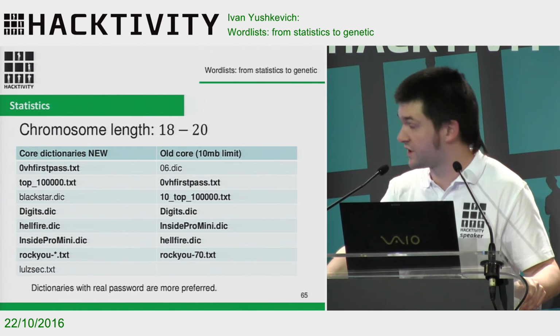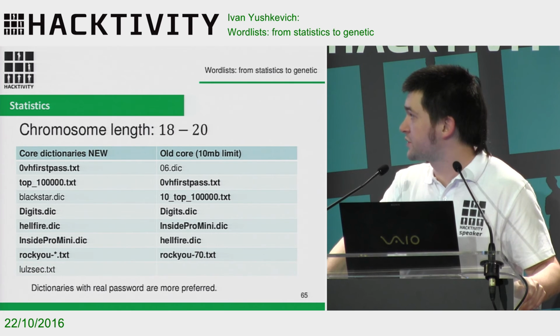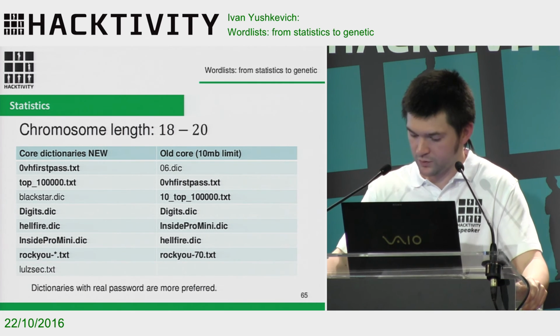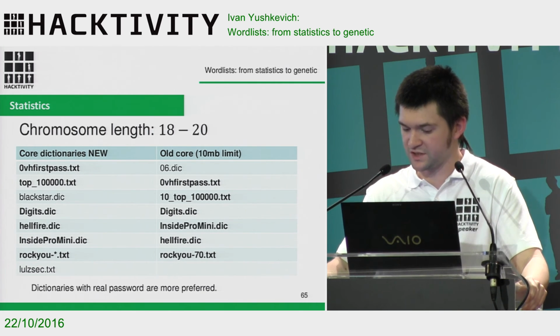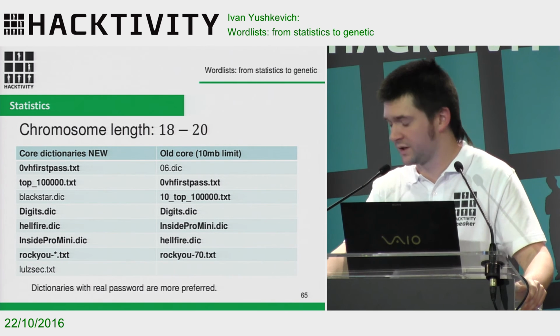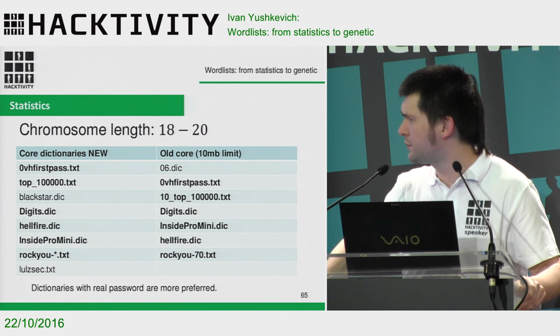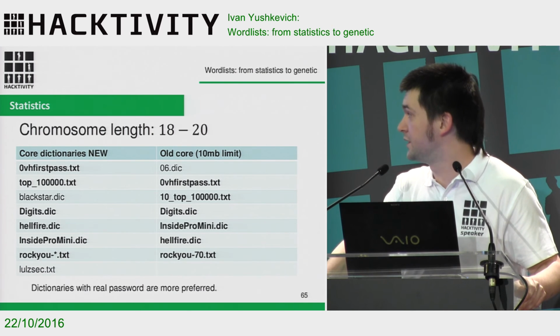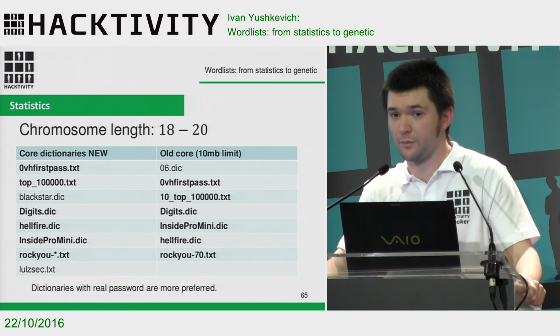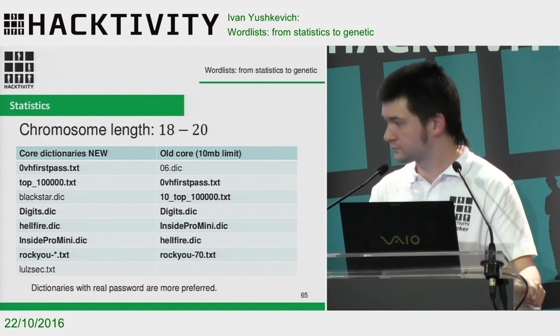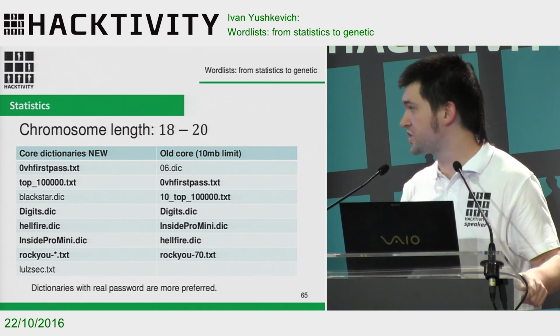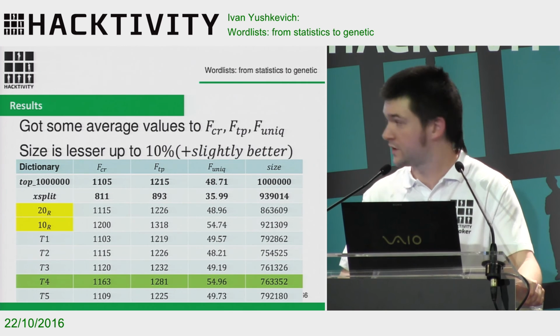And some results. For the chromosome length, I found that the optimum size is from 18 to 20, and here is a comparison between the old dictionary test and the new one. You can see here that they are pretty much the same. So the dictionaries with real passwords are preferred.